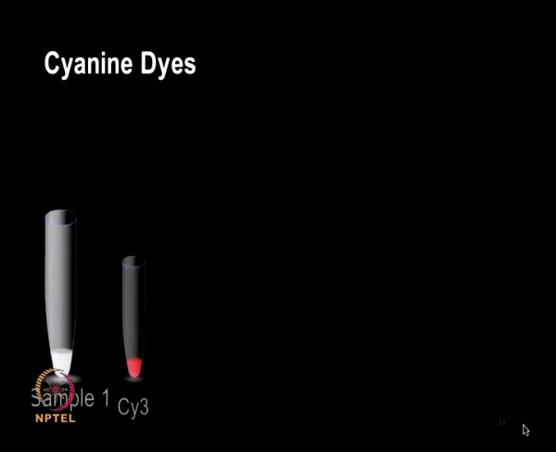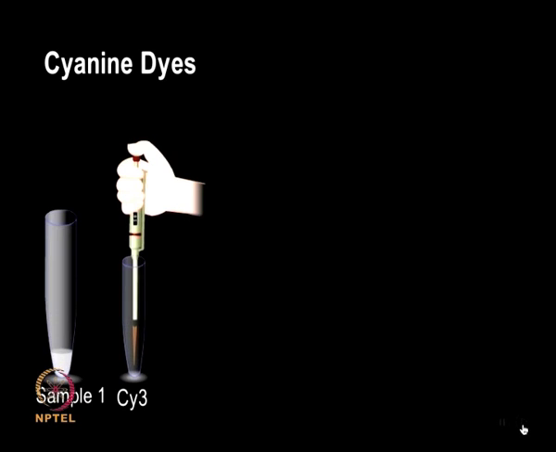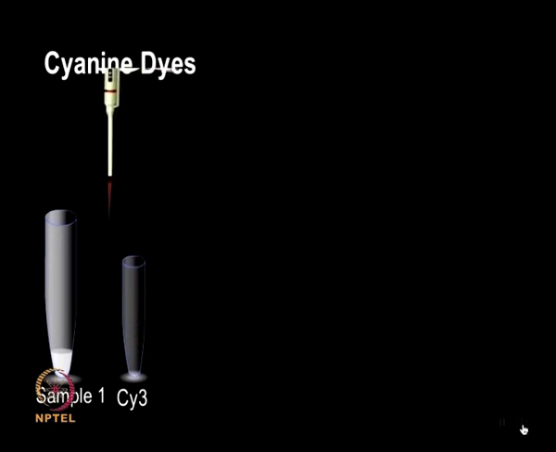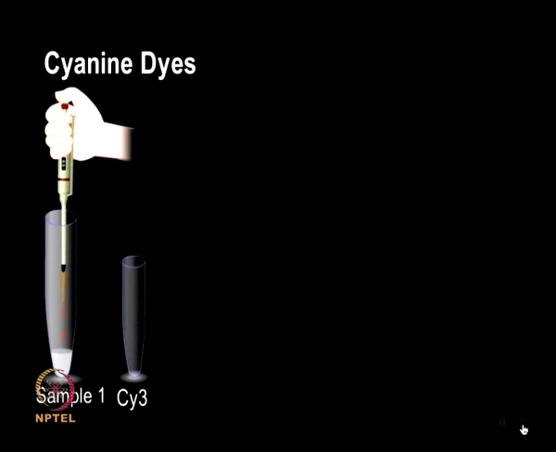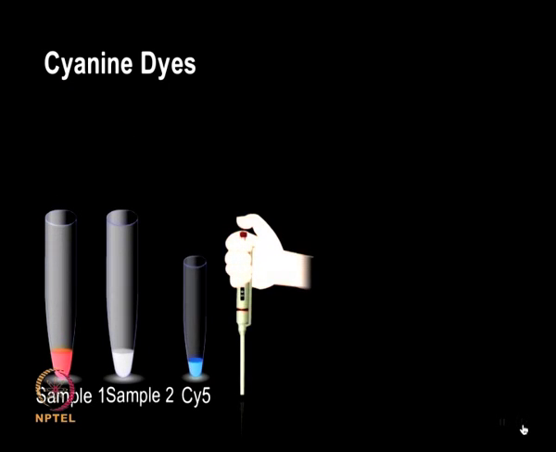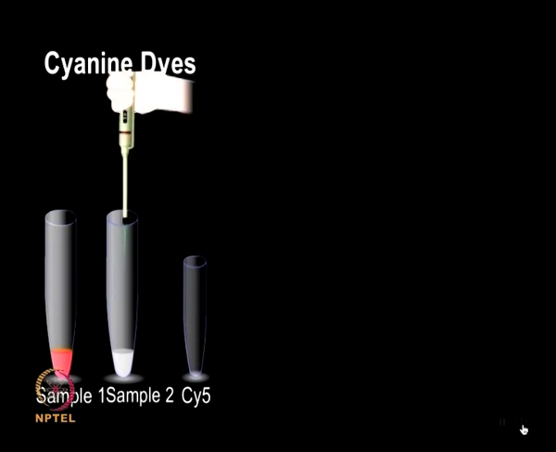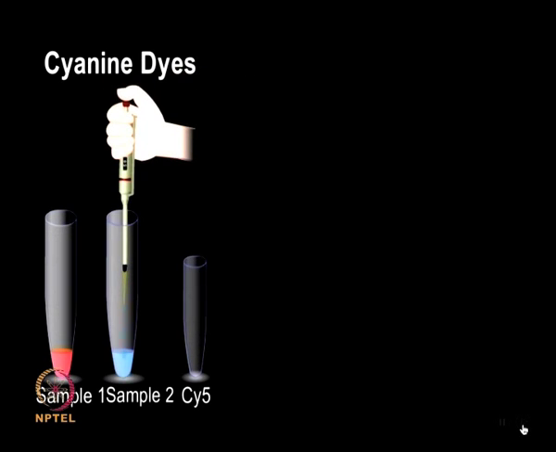Cyanine dyes. In this detection technique, the dyes are mixed with the samples prior to the electrophoresis. The first sample was labeled with Cy3 dye and the second sample is now mixed with Cy5 dye.